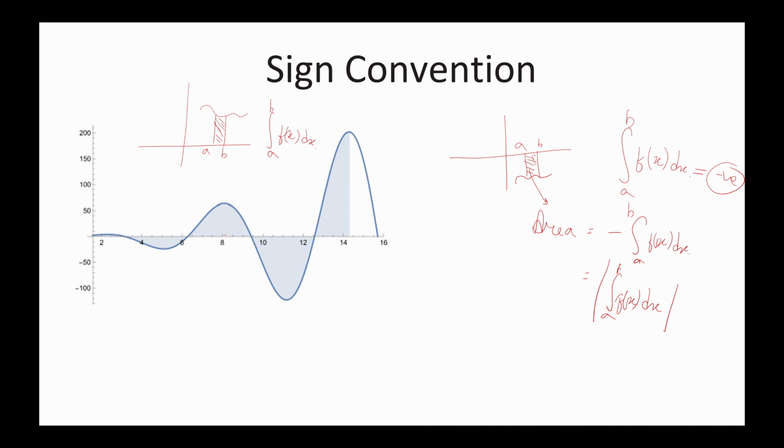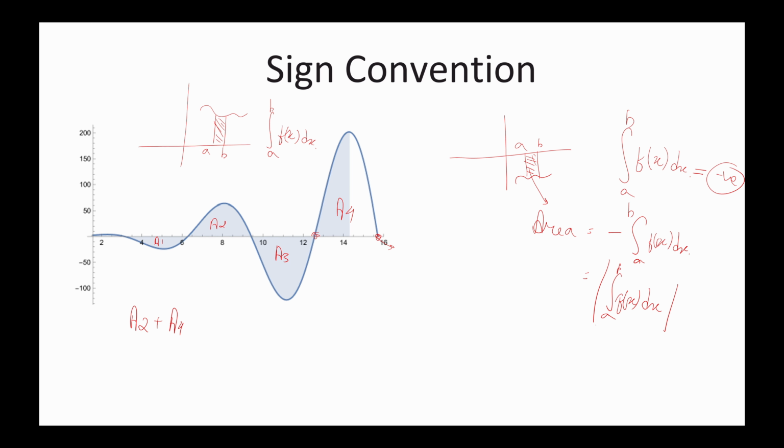Now let us look at this diagram that has been given. Let's say this is my A1 area, this is my A2 area, this is my A3 area, and this is my A4 area. Now I have to find out the total area bounded by this curve and the x-axis. So of course it is going to be the sum of all the areas. So how am I going to find it out? It is going to be A2 plus A4, simply because they are going to be positive from the limits.